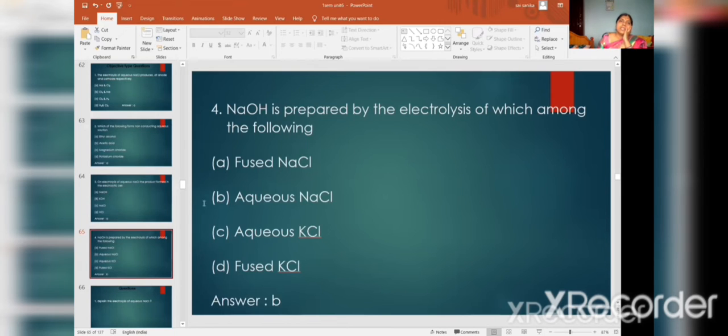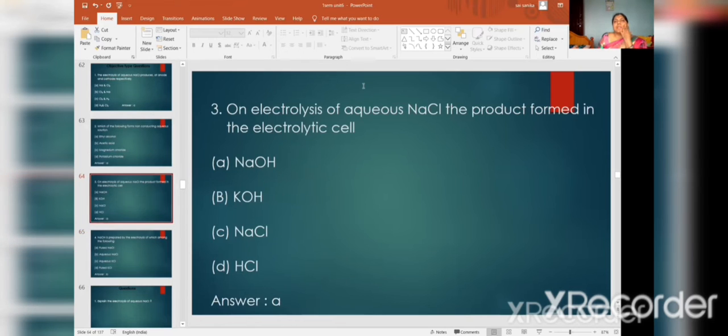We studied these two only, no? In the last class, fused NaCl; in today's class, aqueous NaCl. This question is reversed: by doing which solution's electrolysis do we get this product, he is asking.